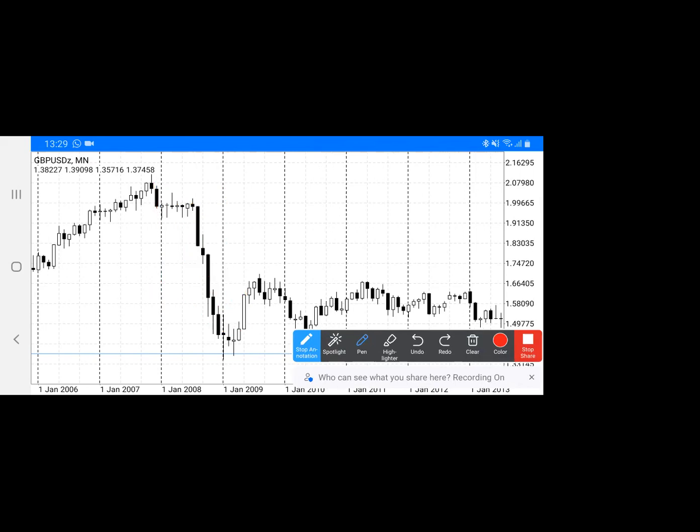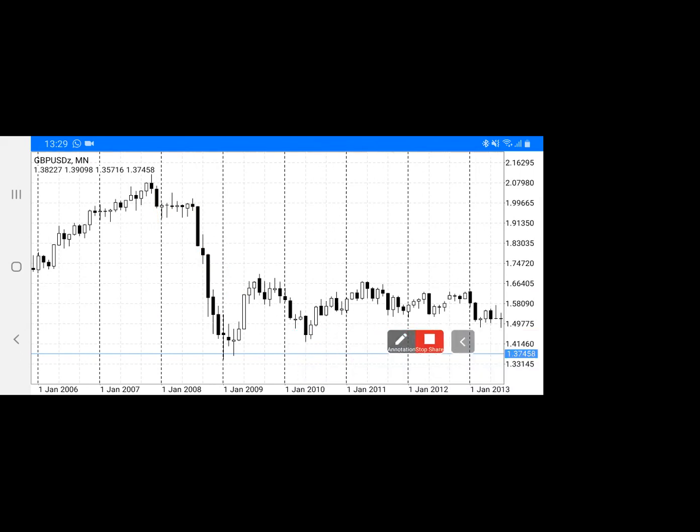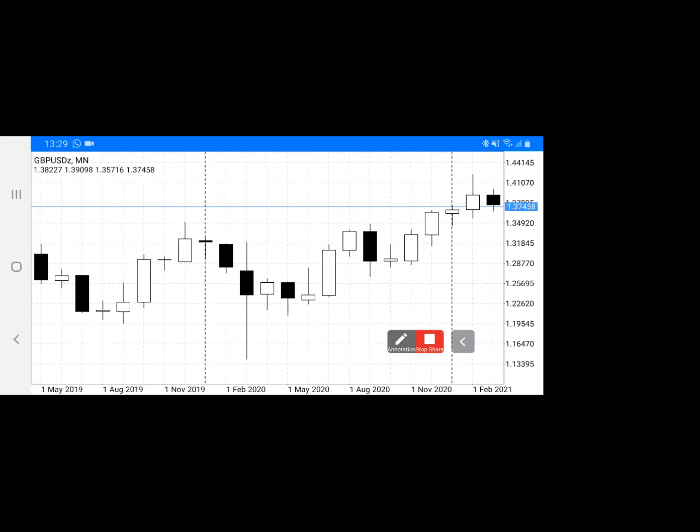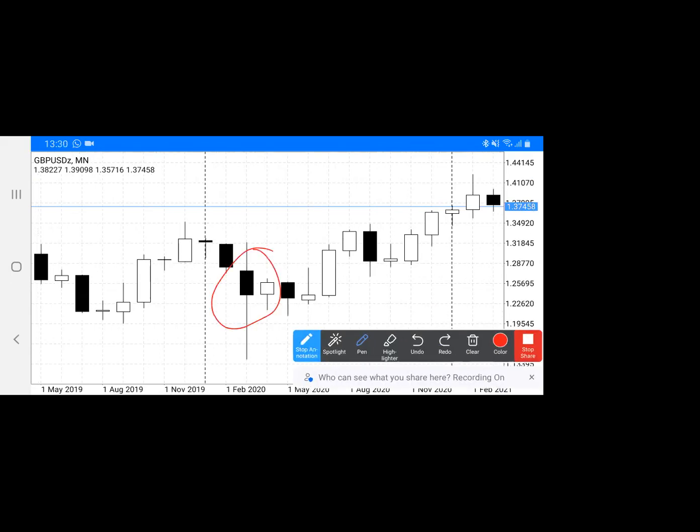Actually, no, let me zoom up because I can't even show you what that would look like in real life. So let's stick with what we were looking at. This month here, we can see that price started at the top, went this high, went this low, finished at the bottom. Ultimately, it's gone down. That's what's happened during March 2020.